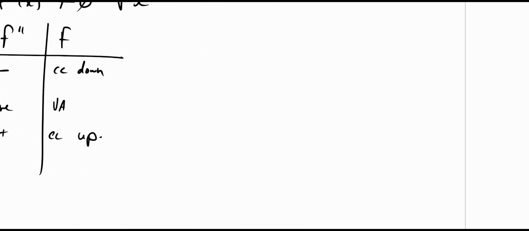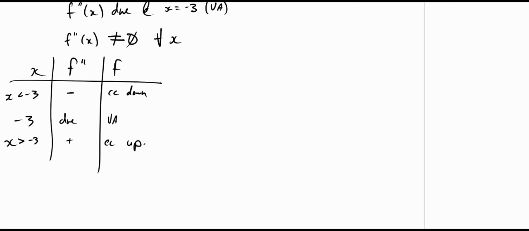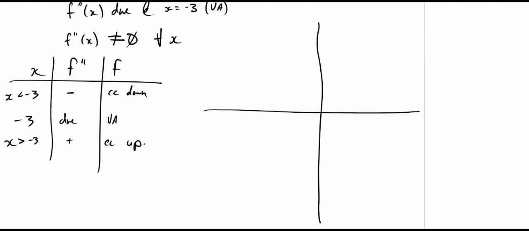All right, let's draw our graph. Ooh, I got lots of space here. That's good. So I need to think about my intercepts. Before you start doing this, you probably want to look at all of them.